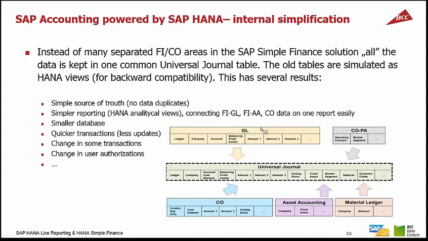So you have some changes with such a transition, but there are a lot of tools that simplify the change and allow you to migrate the data from the old structures, the old configuration, customizing, and also the user authorizations.